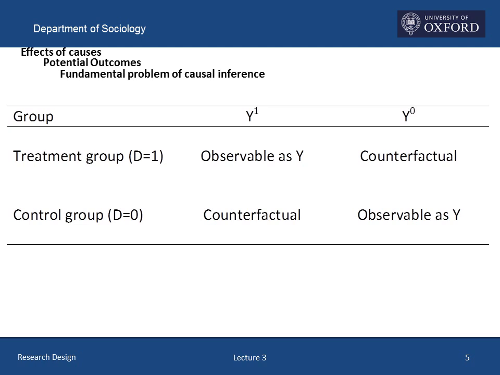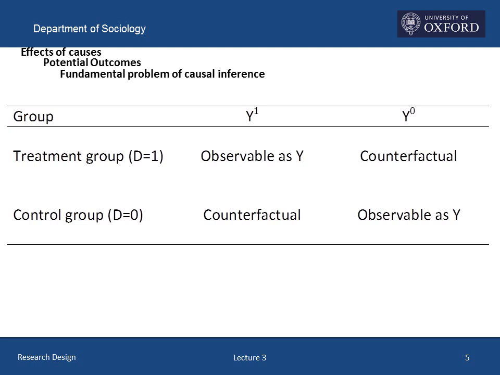This then brings us to the crux of the matter, the fundamental problem of causal inference. This problem is illustrated in this 2 times 2 table. In the rows of the table, we have the 2 possible states of the treatment variable.